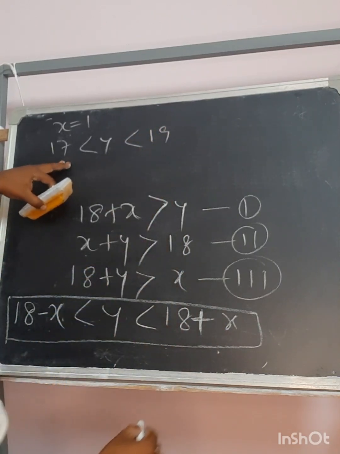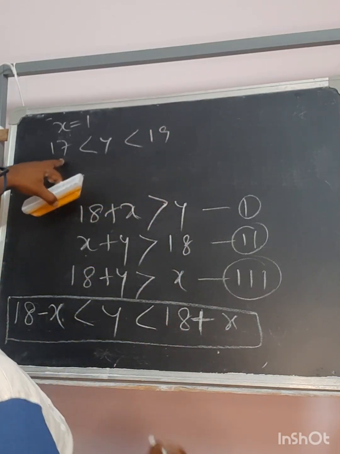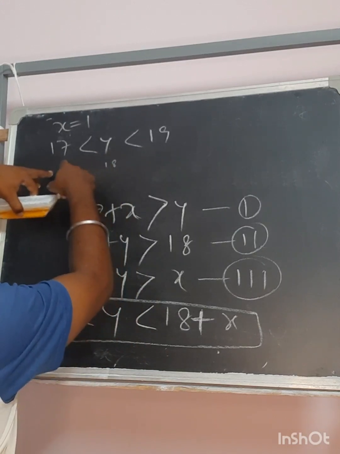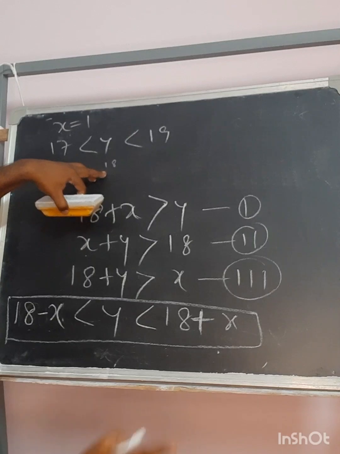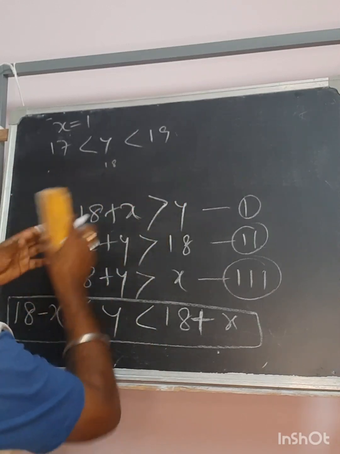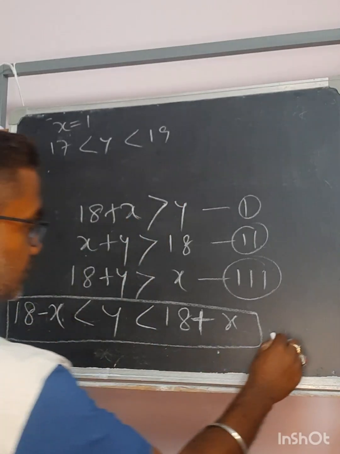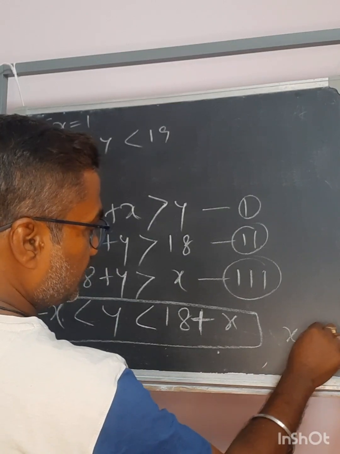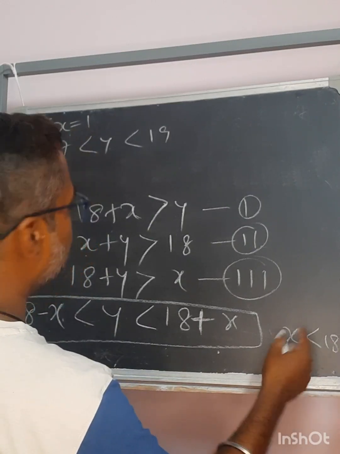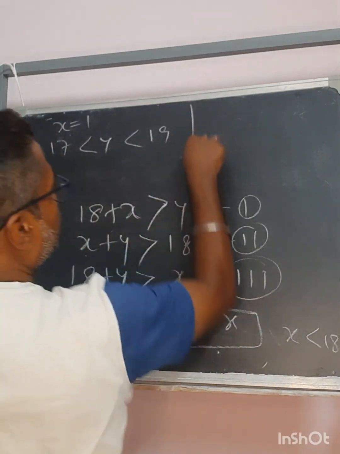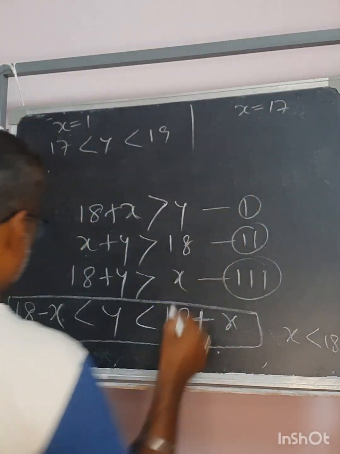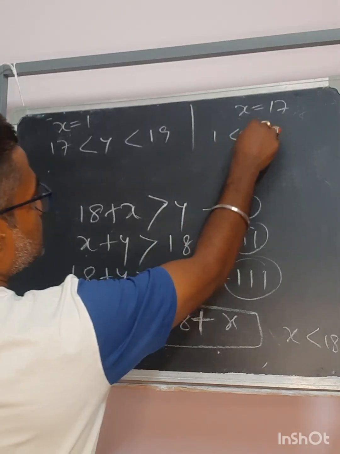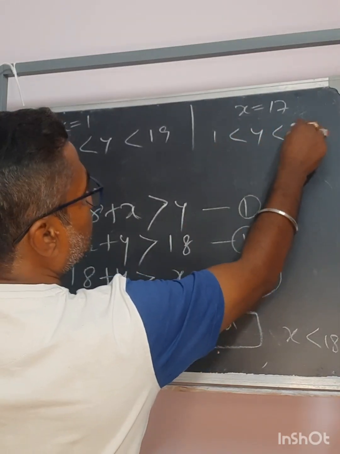So I get only the value 18, only one solution. Taking the maximum value, x must be less than 18, so the highest value of x would be 17. Putting x equal to 17, I get 1 less than y less than 35.